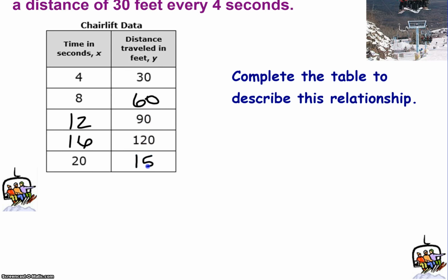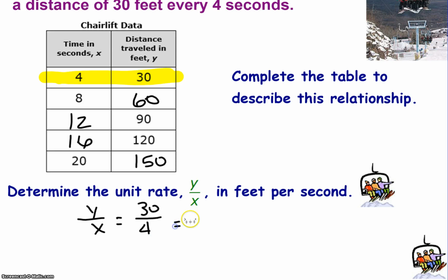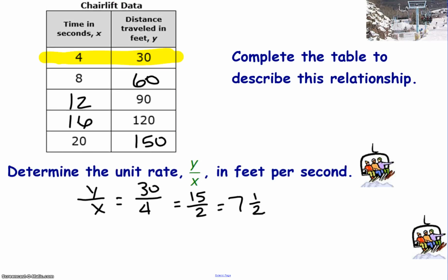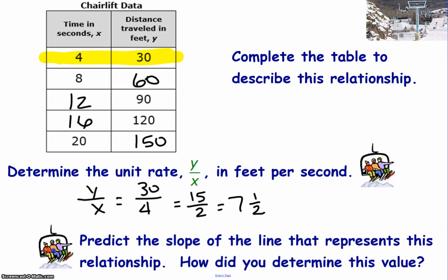So I have 30 divided by 4, and when you simplify that you have 15 over 2, or 7 1/2. And what does that mean? It means it travels 7.5 feet per second.